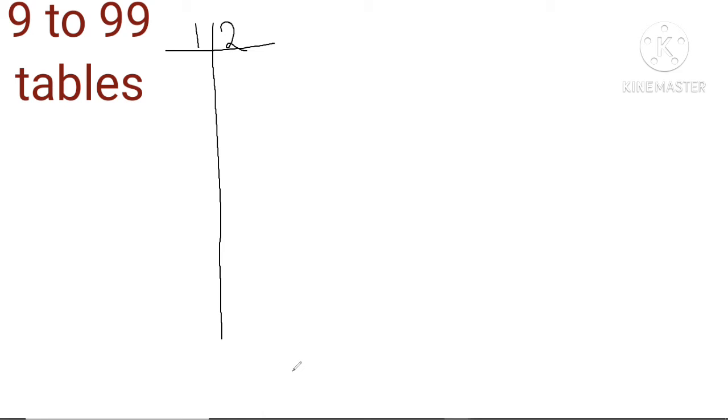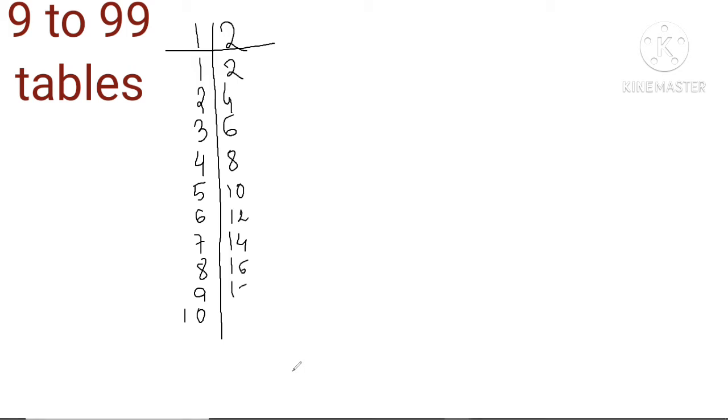So 1 into 1 is 1, 1 into 2 is 2, 3, 4, 5, 6, 7, 8, 9, 10. 2's table. 2 into 1 is 2, 4, 6, 8, 10, 12, 14, 16, 18, 20.